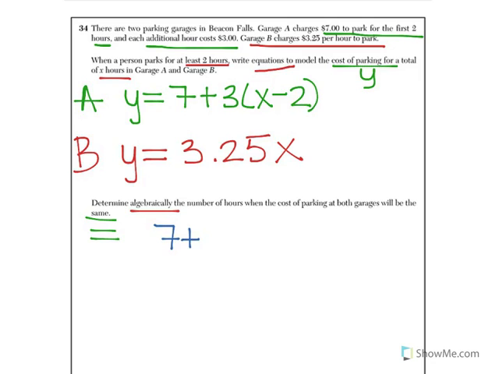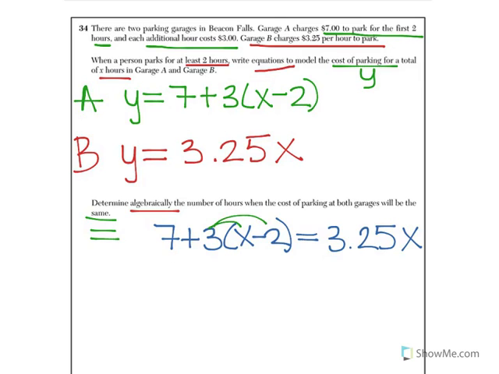So I have my 7 plus 3 times (x minus 2), that's Garage A. I need to set it equal to Garage B of 3.25x, and now I have an equation that I can solve. So we will distribute, and we will get 7 plus 3x minus 6 equals 3.25x.